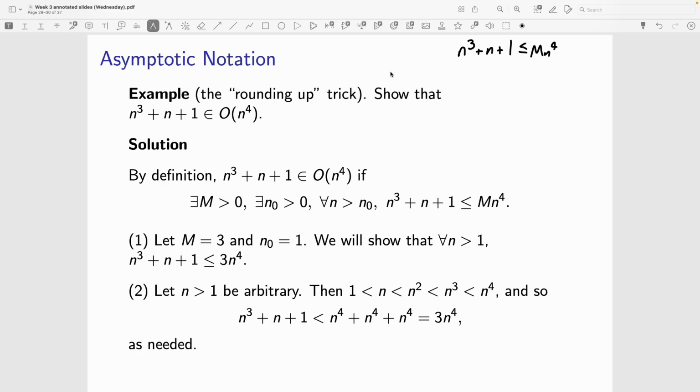Back on track. Let's guess that n maybe is greater than 1, which would imply that n is less than n cubed, and also that 1 is less than n cubed.